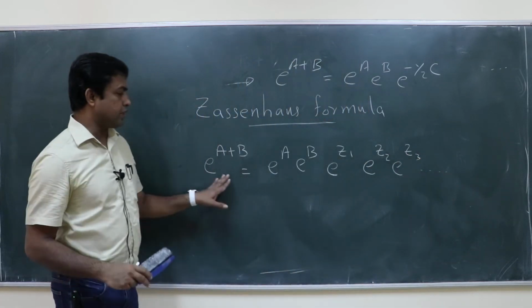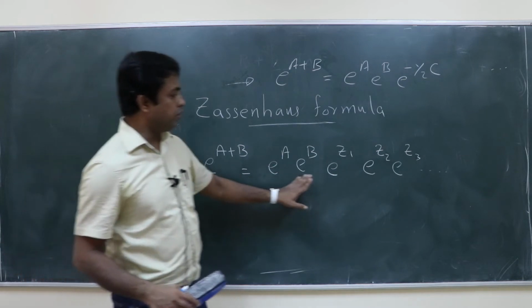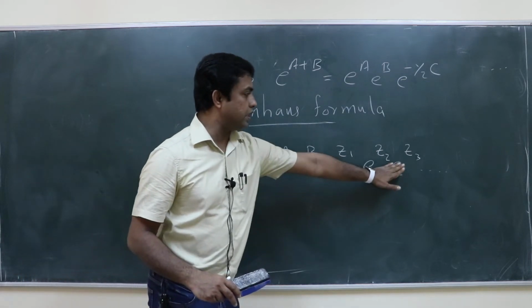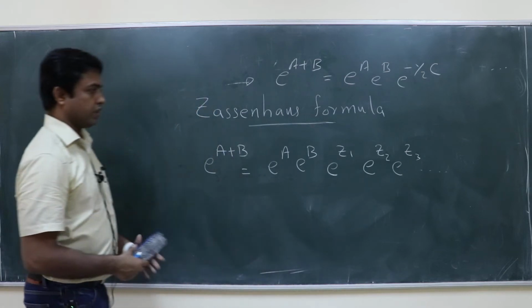So e power A plus B is equal to e power A into e power B into e power z1, e power z2, e power z3, etc. What is z1?